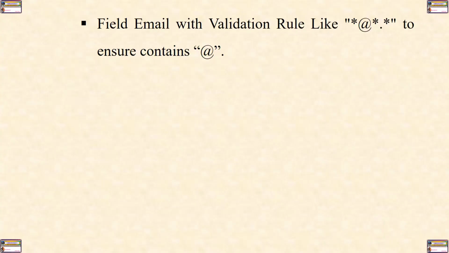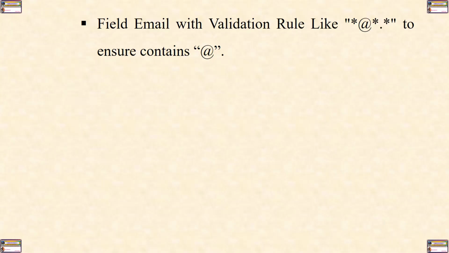If you have a field in which you are going to enter an email, there's also a format for the email and how it is supposed to look, or what we call the validation rule. For example, you type it this way: double quote, asterisk, at, asterisk, dot, asterisk.